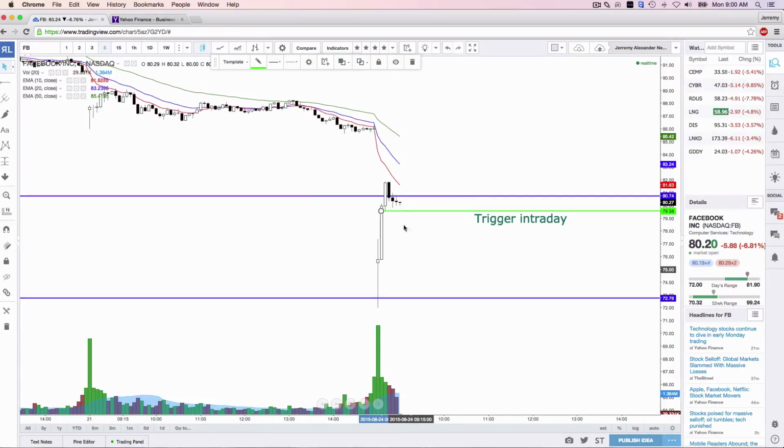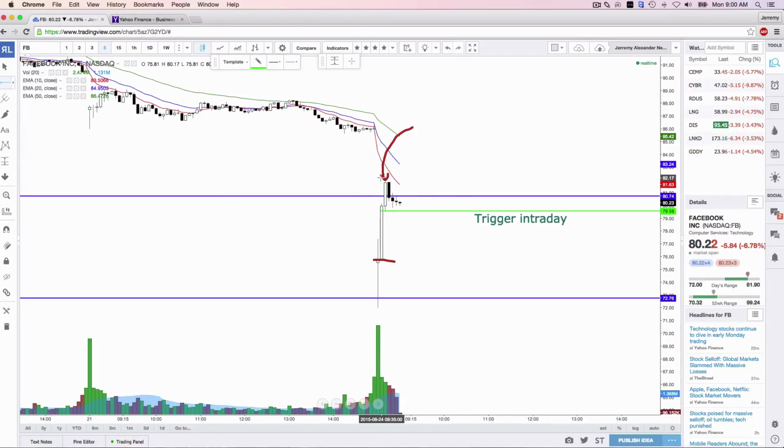So notice the low of this big bullish candle. If you're ever trying to take a trade bearish, you want to get below the low of big bullish candles. So here's a big bullish candle, and here's a big bullish candle. Other than that, there's really not that much between these levels.